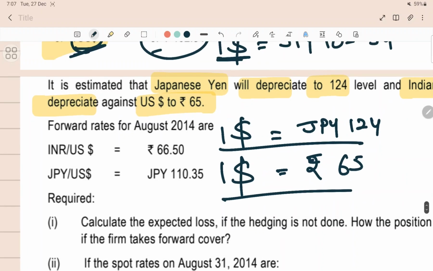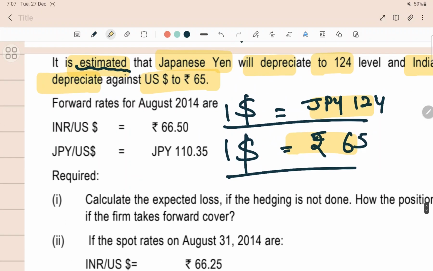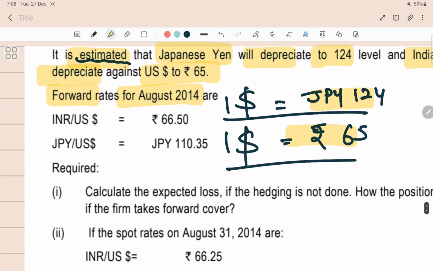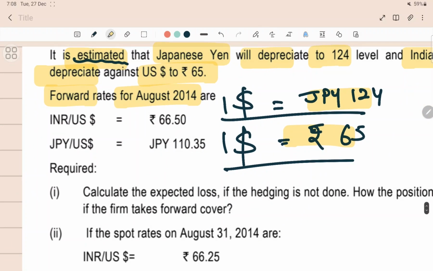These are estimations. Now the forward rate, that is if you enter into a forward contract in order to hedge your yen receivable, the quotations are rupee upon dollar 66.25 and Japanese yen upon dollar 110.35, that is $1 is equal to yen 110.35.